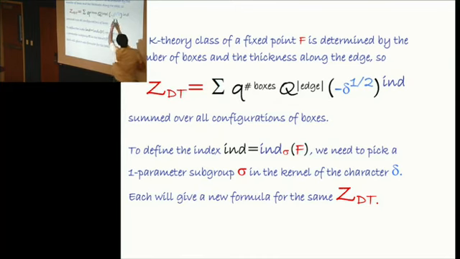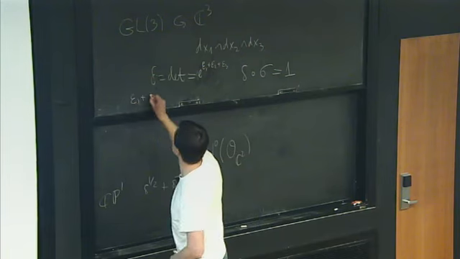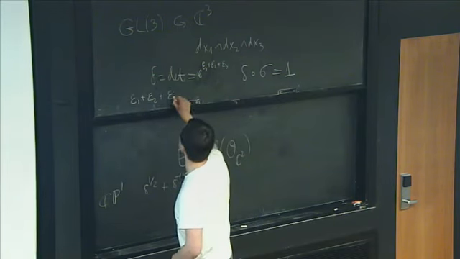So now we have to say what's the index. And to say what's the index, we have to pick a one-parameter subgroup. And we have to pick a one-parameter subgroup inside of my Calabi-Yau torus, which is characterized by the sum of 3 epsilons equals 0.